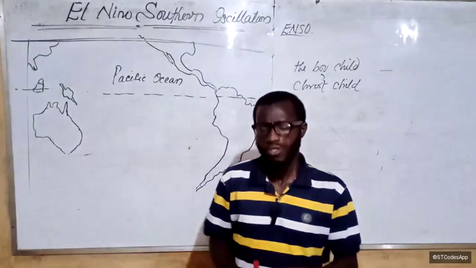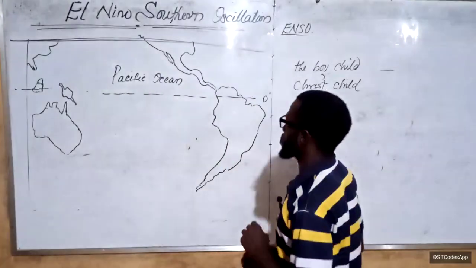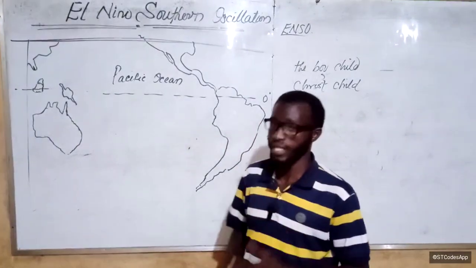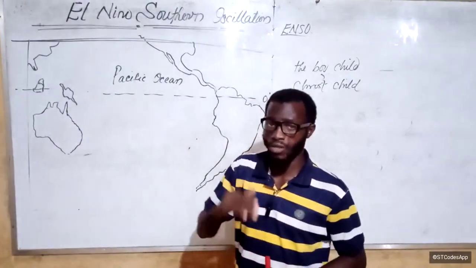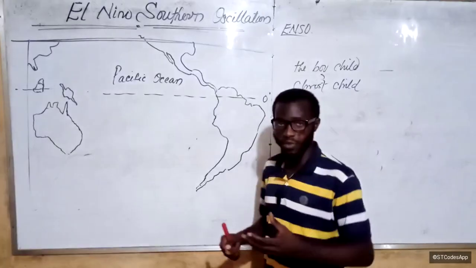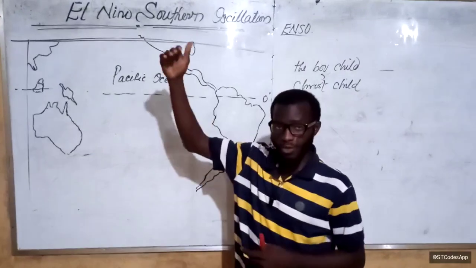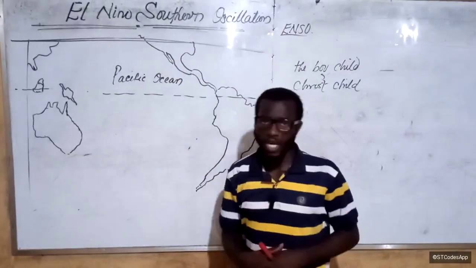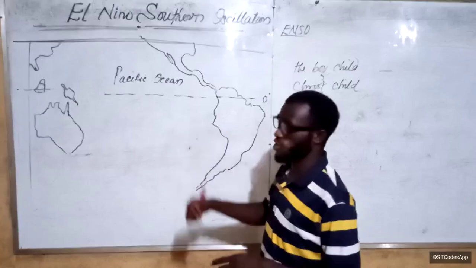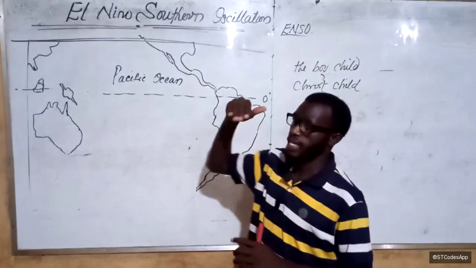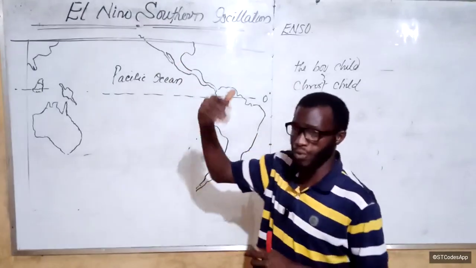What happens? If you recall well, we said in the Walker cell, in the normal condition, trade winds were brought from the high pressure zone, which is the subtropical zone, towards the low pressure at the equator. Air naturally moves from high pressure to low pressure.